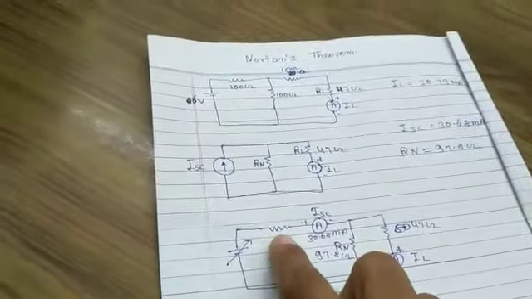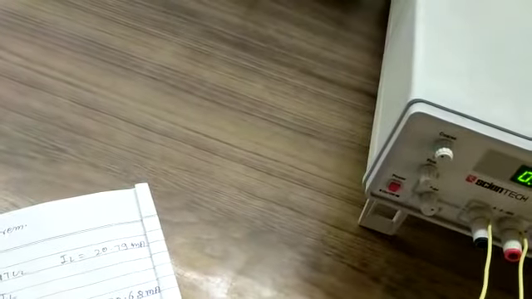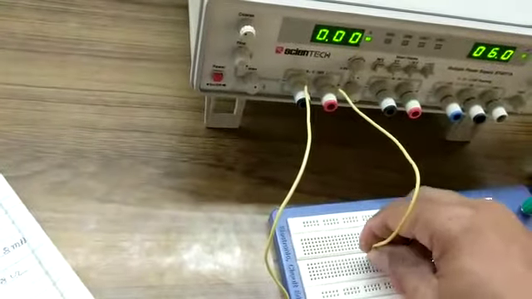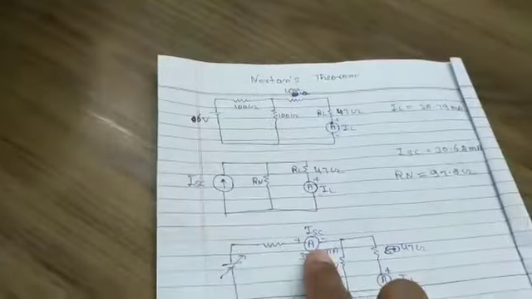We use any value resistance here. Apply positive to this. And now connect the ammeter, which is ISC.